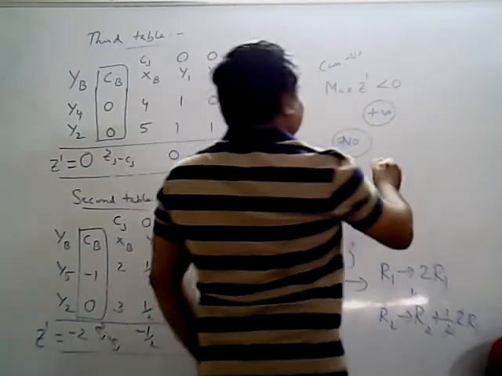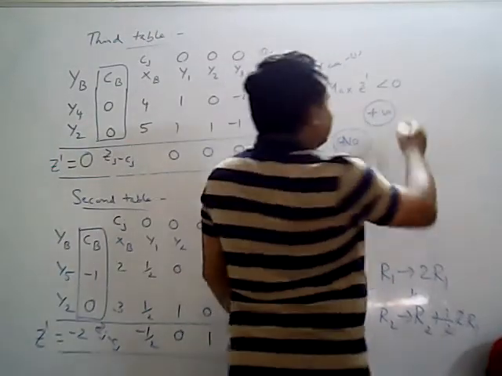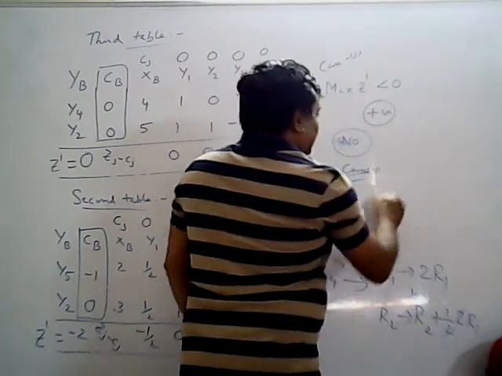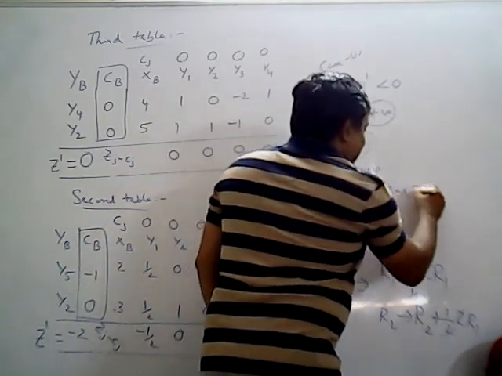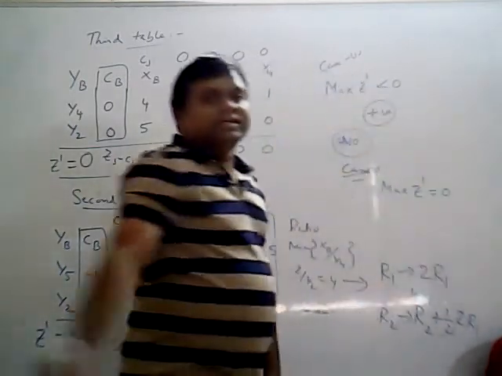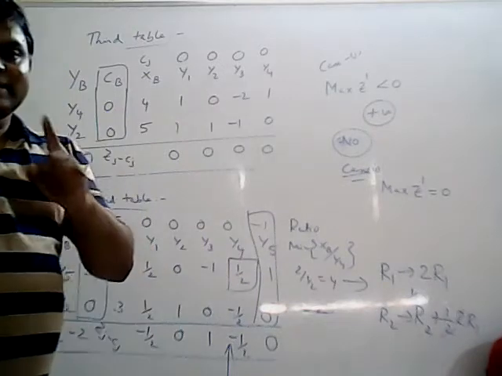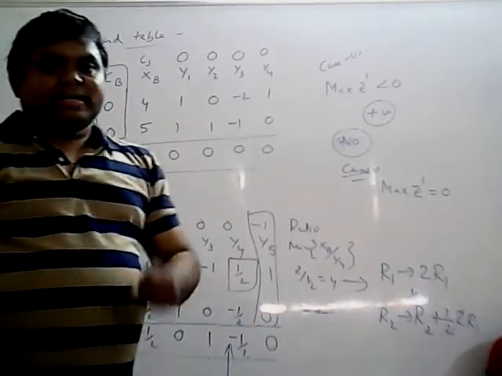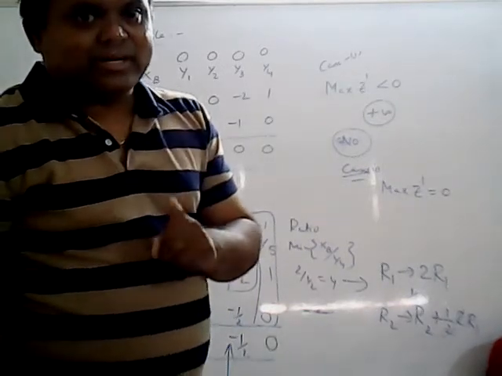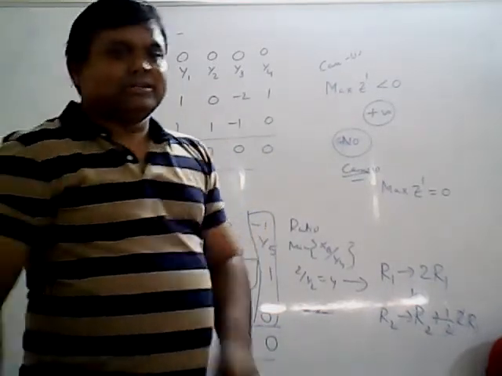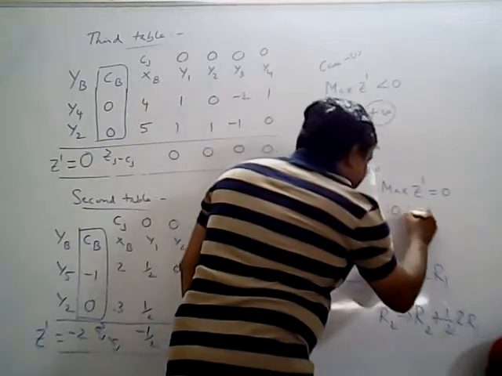Now case 2. Case 2 is maximum z dash equal to 0 and at least one artificial vector appears in the basis at a 0 level.